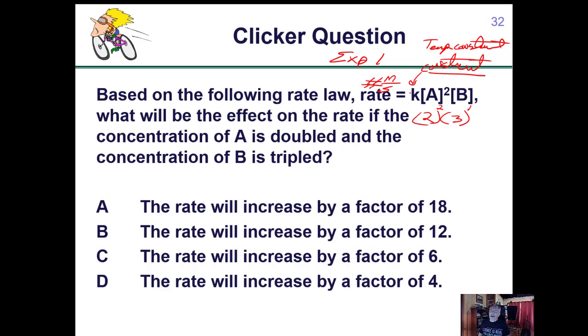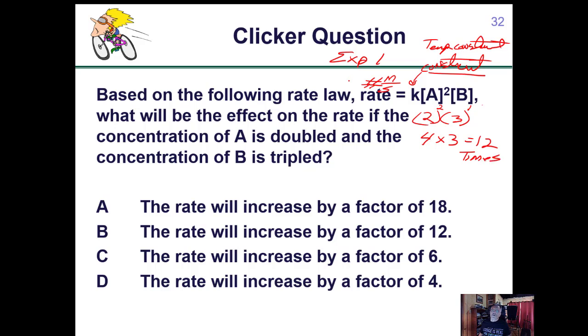Since k is a constant, we just want to know what the effect on the rate is of doing this to these different reactants. And so that's going to be 2 squared, which is 4, times 3 to the first power, which is 3, and we get that the reaction rate is going to be increased by a factor of 12.